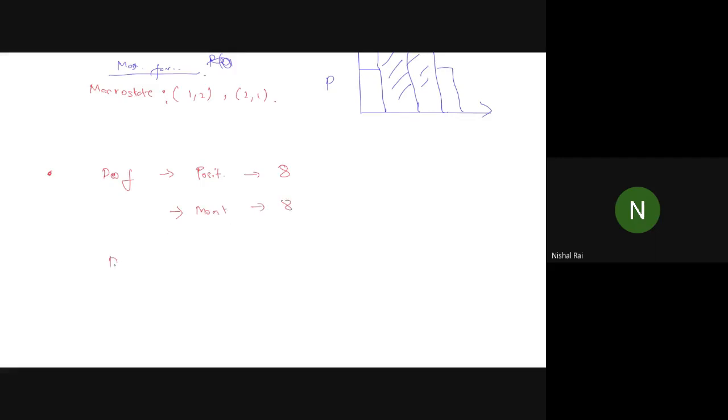So you have to find the degrees of freedom in phase space. So it's basically 8 plus 8, 16, or 2 times the degrees of freedom. 16. That's it. Clear?